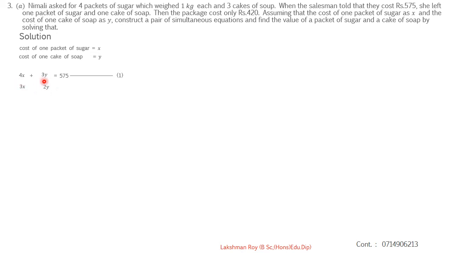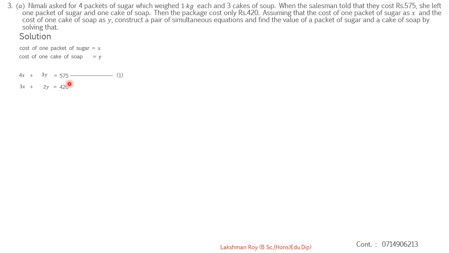What is the total amount? How to get the total amount? You have to add those two. So the addition of those two is the total price of 3 packets of sugar and 2 cakes of chalk. That package costs only 420 rupees. So what does that mean? This total amount is equal to what?